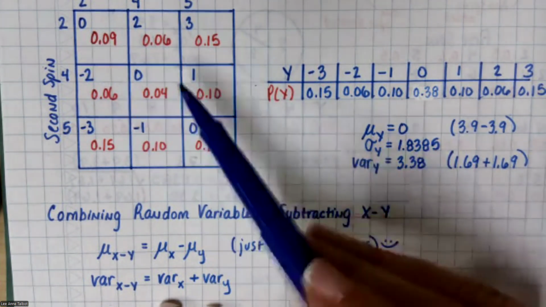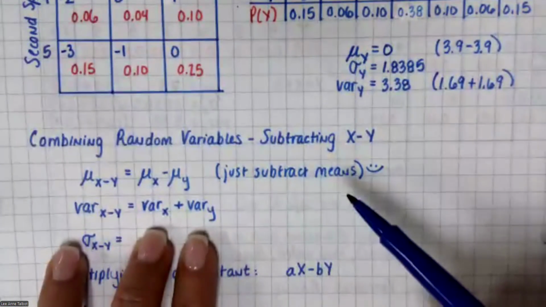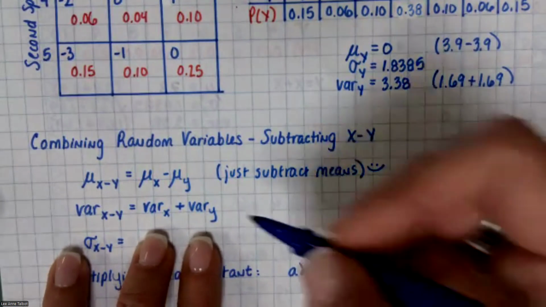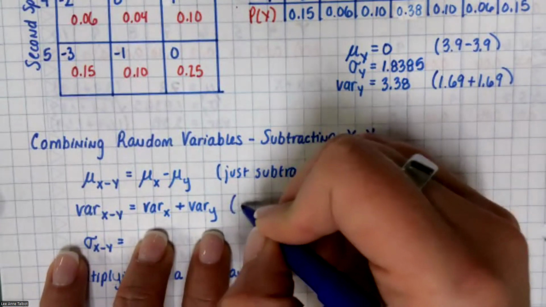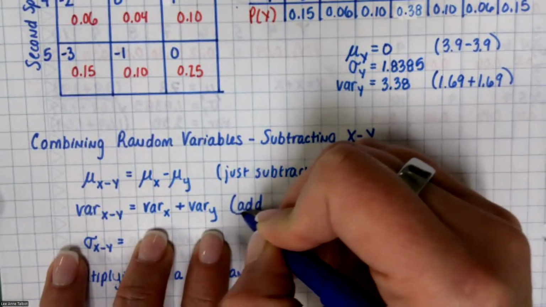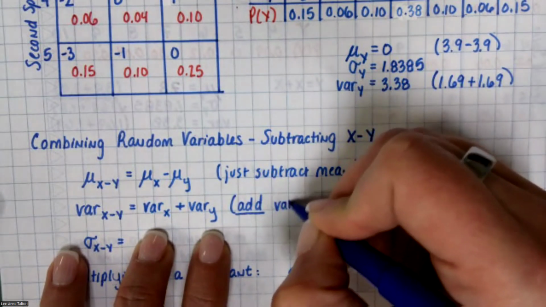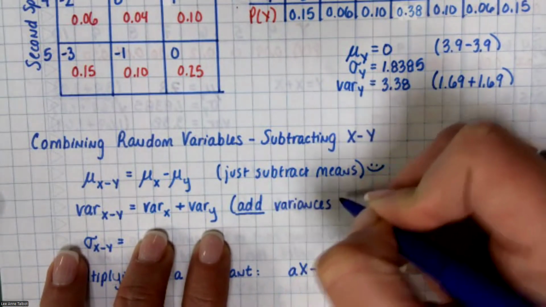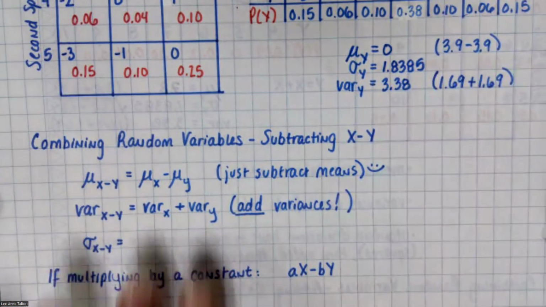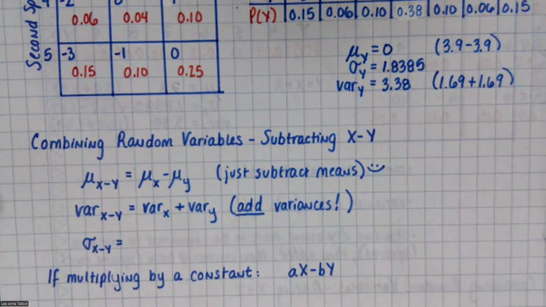Look at all of the different options. It's still 9 boxes. Exactly. So add variances. We never subtract any kind of measure of spread, really.